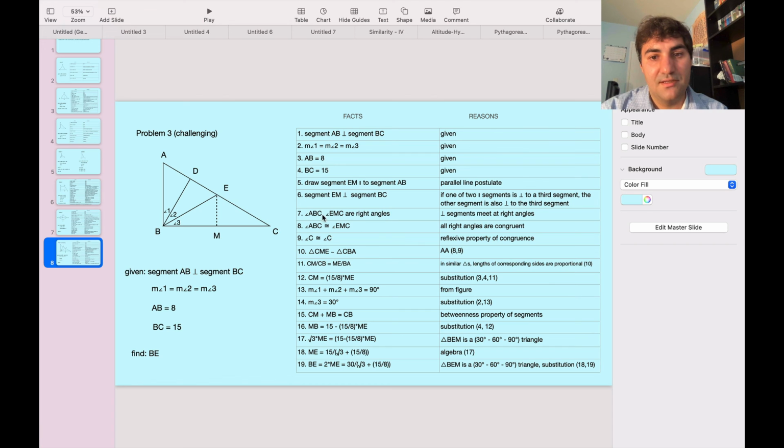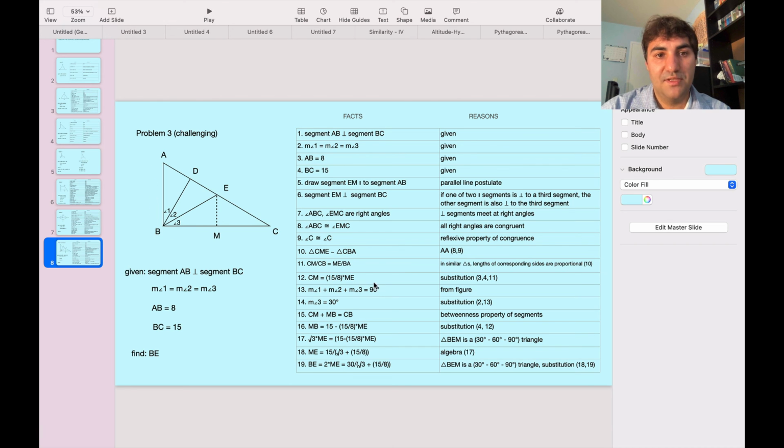Now I'm going to use the reflexive property of congruence. Angle C is congruent to itself, and therefore we can apply the angle-angle theorem for similar triangles using these two statements. So we get triangle CME is similar to triangle CBA. So we know in similar triangles the lengths of corresponding sides are proportional. So we get the length of CM divided by the length of CB equals the length of segment ME divided by the length of segment BA.